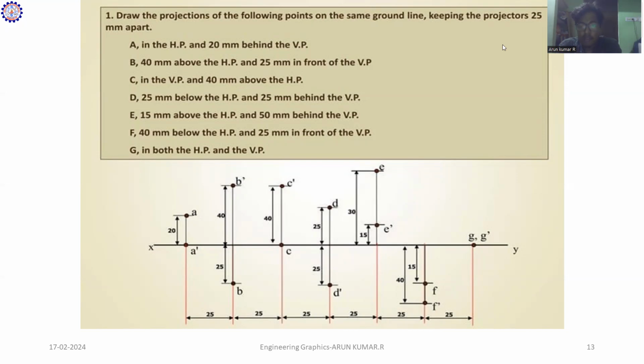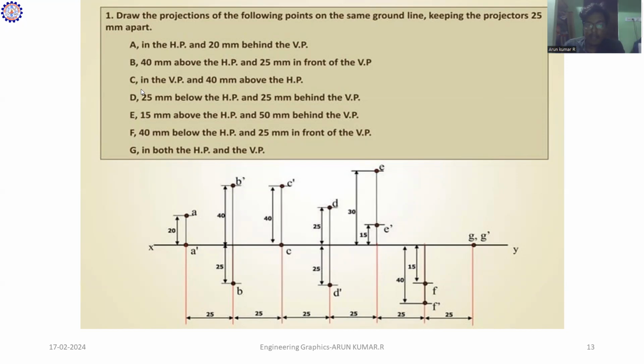Above means b dash is 40 mm above the XY line, and 25 mm in front of VP means it is below the XY line. So we represent b dash as 40 mm above HP.